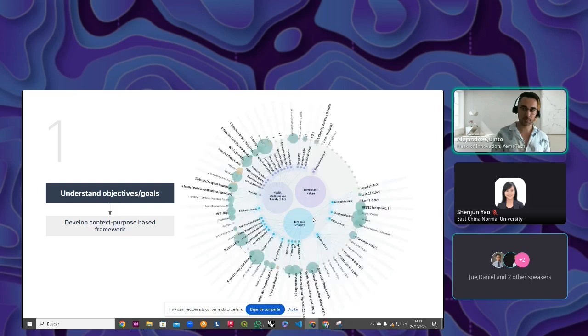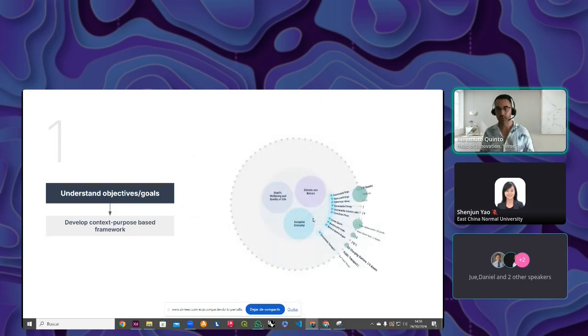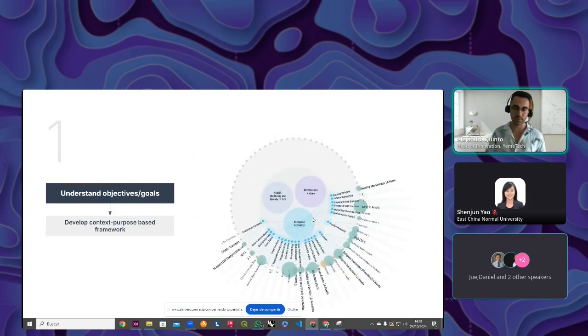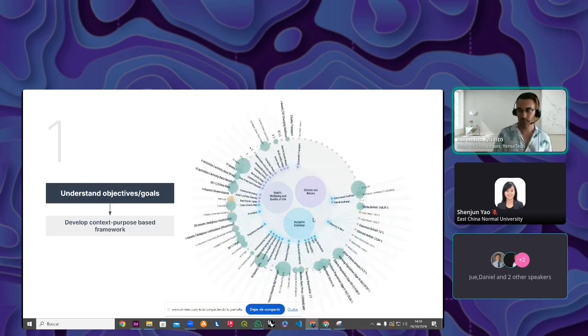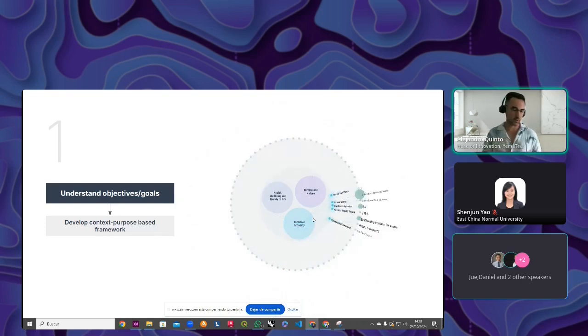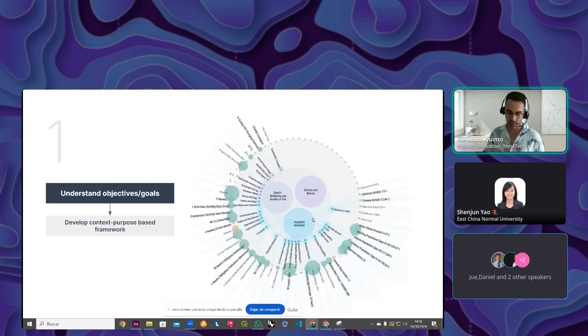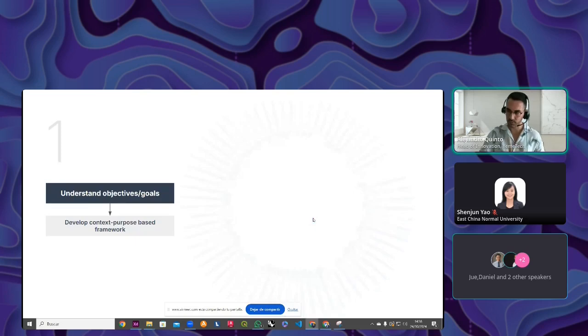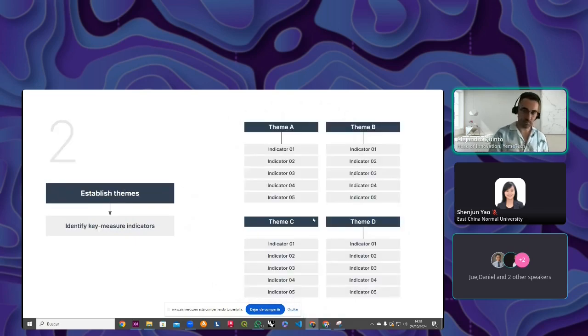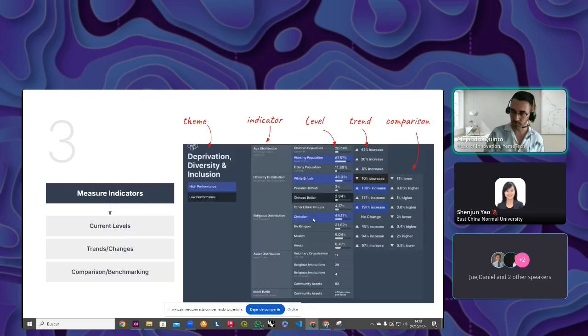If I had to think about the methodology that we use, we first understand the objectives and goals to develop a context-based framework, depending on the vision of the local authorities or of any company or client that wants to take it forward, to establish different themes and identify the key measure indicators that we want to work with. We look at those not only from the point of view of what the status is, but also what the trend is, has it changed?